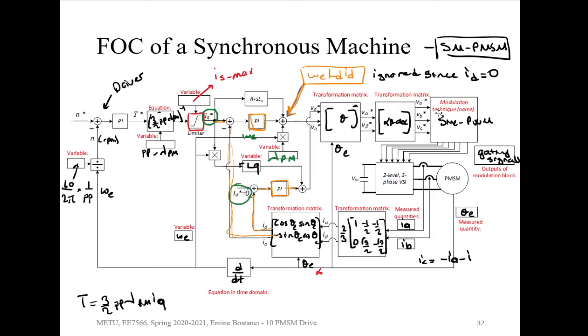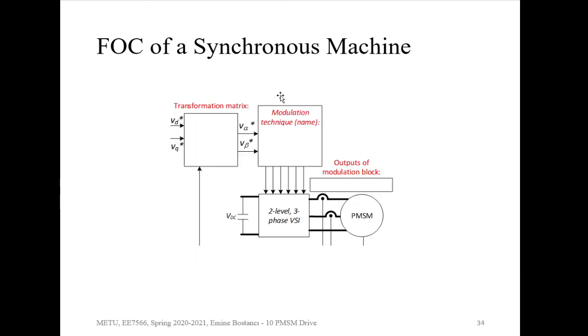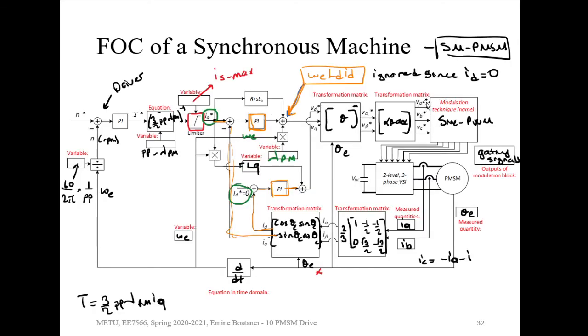So here it was for the sinusoidal PWM. The same thing can be done for the space vector PWM. Now the input should be alpha and beta, and if you do it on alpha beta, it's space vector modulation, and the output block is going to be the gating signals. So between sinusoidal PWM and space vector modulation, the only difference is that space vector modulation is applied in alpha beta, but sinusoidal PWM is applied in the ABC frame.